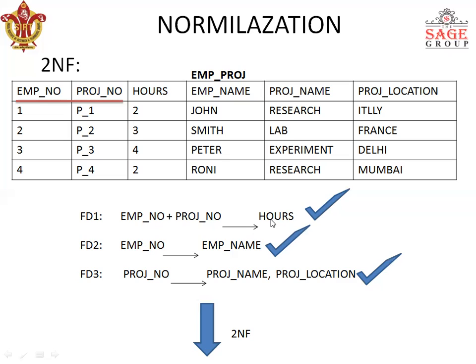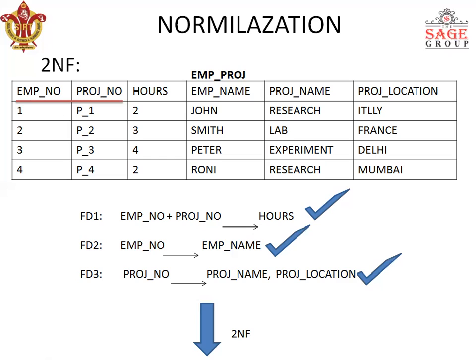No, we cannot, because hours is a dependent column that depends on both. If we remove one portion of a primary key and the dependency still exists, then it is not fully functionally dependent, because the second normal form property says that attributes should be fully functionally dependent.